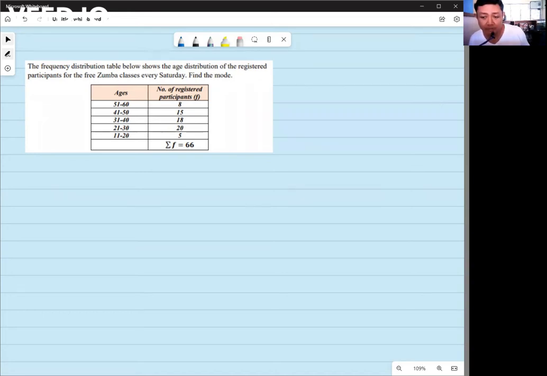Find the mode. Okay. So if we will look at it, first step is to find the maximum class frequency. What is, or at what ages, what is the maximum class frequency? Which of those frequencies is the highest? Type it in the chat box, please. Remember, we are talking about mode, so we are dealing with the most frequent dito.